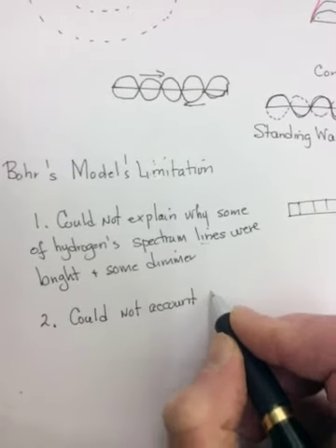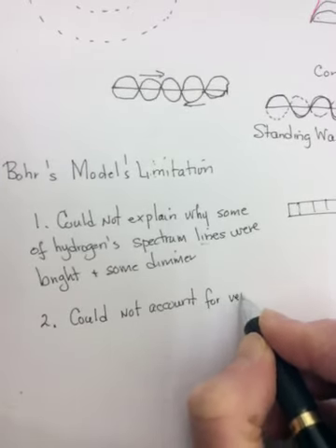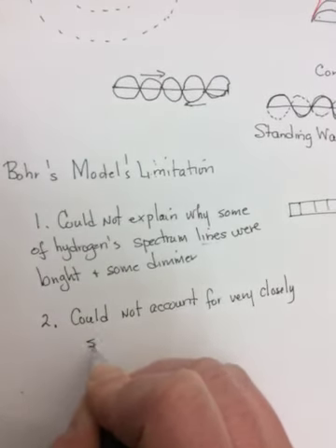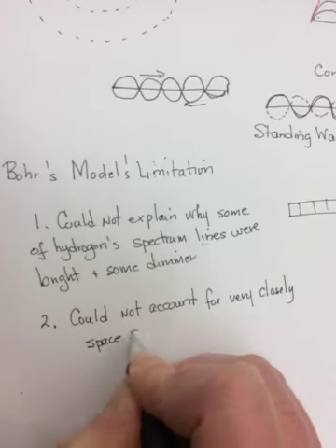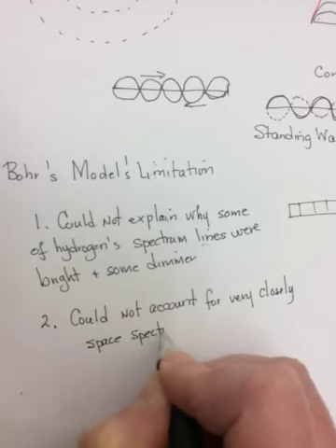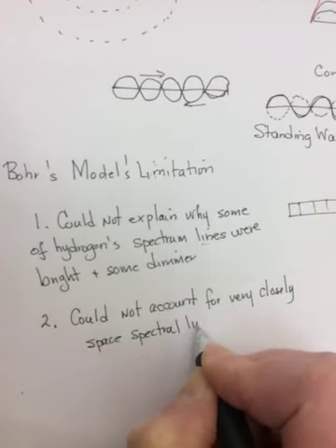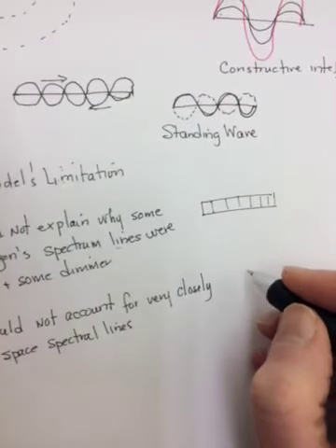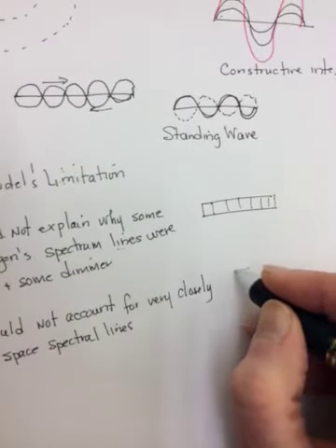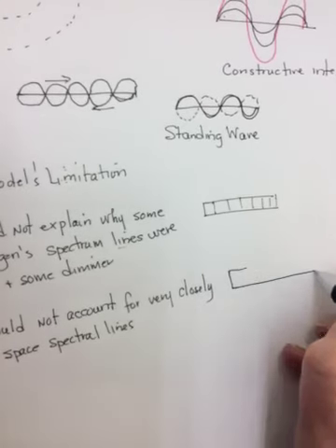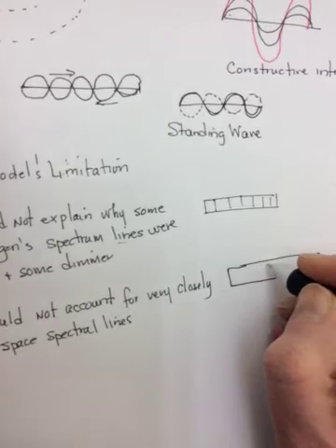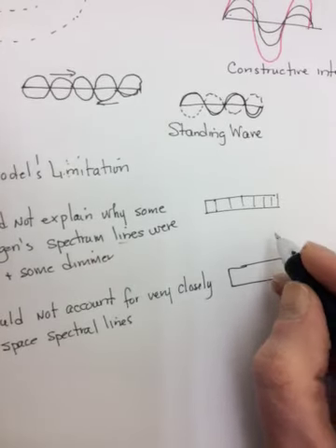So could not account for very closely spaced spectral lines. Okay, and so again, heating a gas to the point of incandescence, where it glows and gives off light, and looking at that light through a prism, some of the spectral lines are going to be really close together.